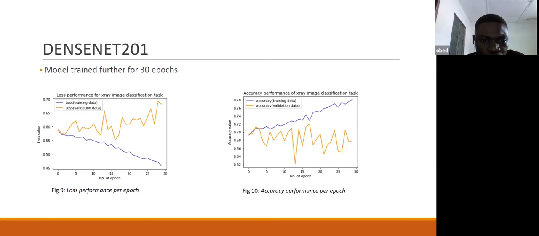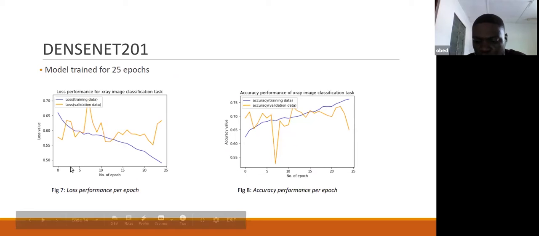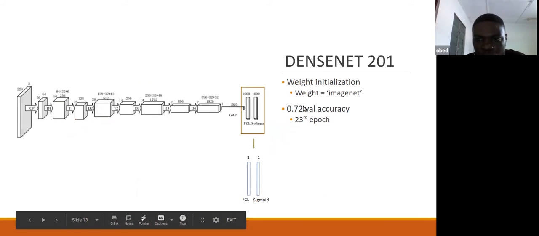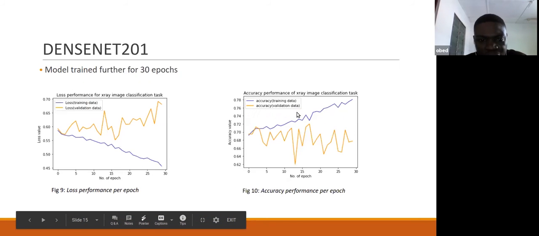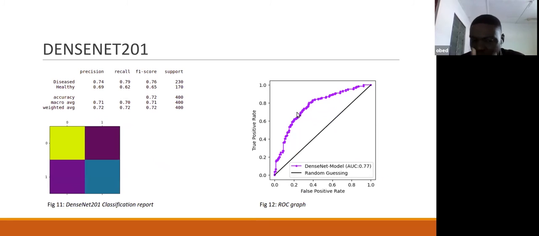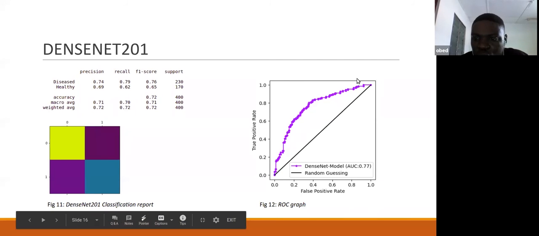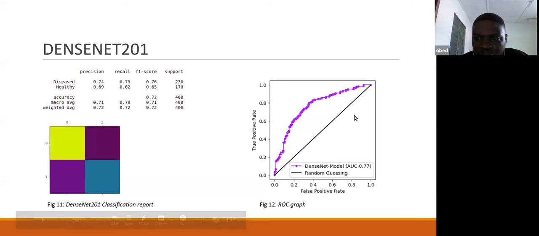But I just decided to hold on with that and move on with the one I checkpointed. That was a 0.72 validation accuracy. So I reloaded the weights of the model when it gave me the 0.72 accuracy, and then I plotted the classification report. And so right here, this trend line just shows what random guessing would normally do.